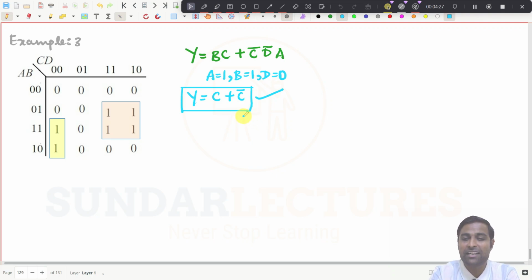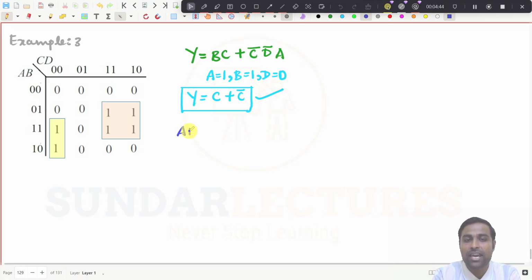So if there is a tautology condition, then what I have told you, there will be static 1 hazard. Obviously there is a possibility for static 1 hazard. So how is it possible? For example, when this static 1 hazard will happen, so this is a, b, c, d.